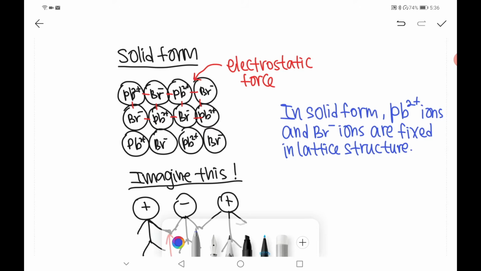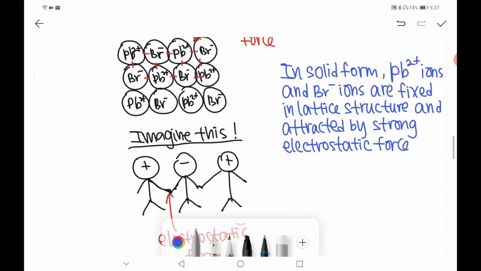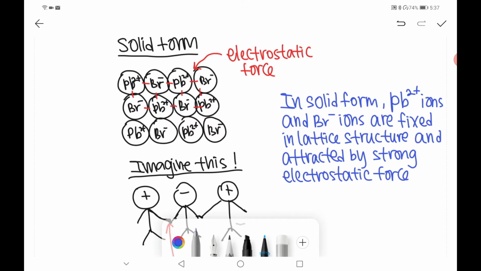And one more thing, they're not only fixed, all the ions are attracted by a very strong force. This force is called electrostatic force. So when the ions are attracted by the force and fixed at one position, it means that the ions cannot move.